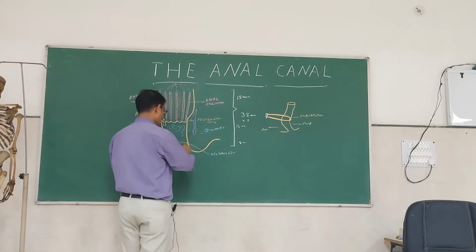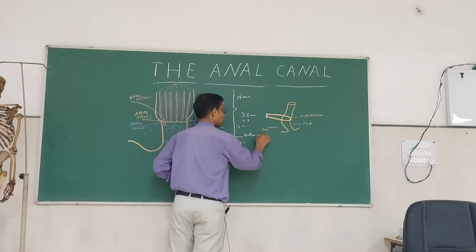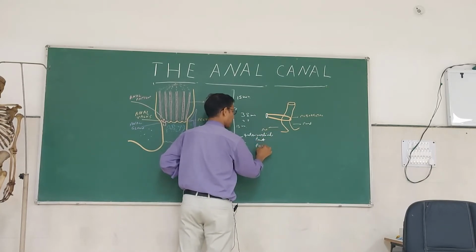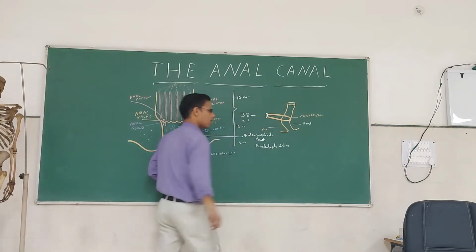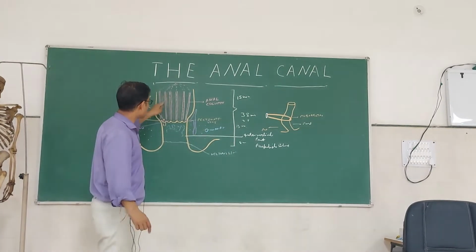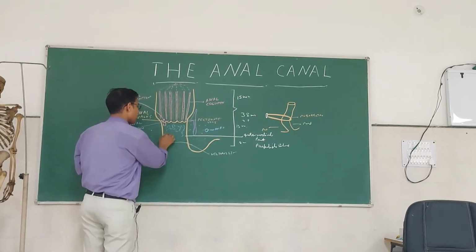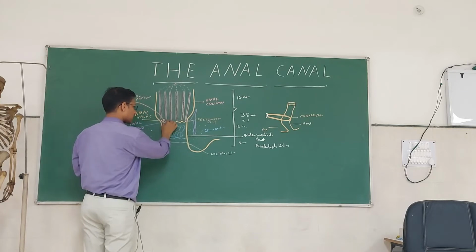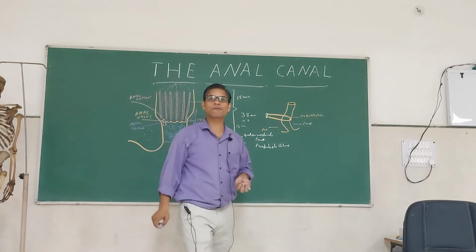The intermediate part is purplish blue in color because the venous plexus underneath is irregular. Here, the vessels were longitudinal in nature. The next 15 millimeters have a venous plexus which is really plexiform, and this is also anastomotic with these radicals. This part is known as the pectinate part.